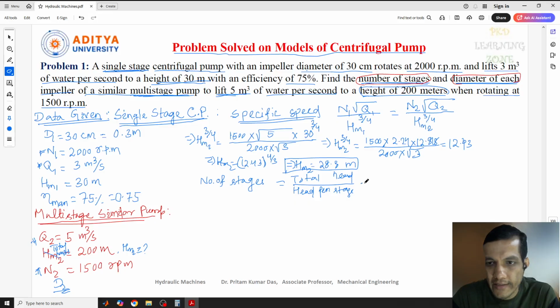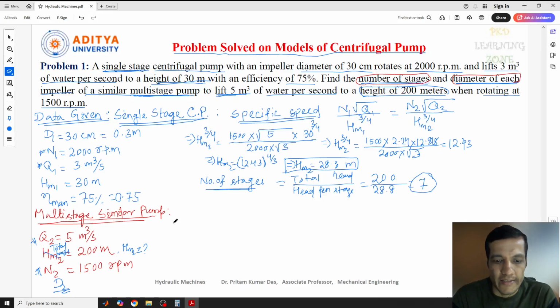So the total head is given, suppose 200 meter, divided by each stage, because multi-stage means a number of pumps are there. So how many stages are required? If you divide by 28.8, it is near about 7, since 28.8 is not exactly 30. So 7 stages are required for this.